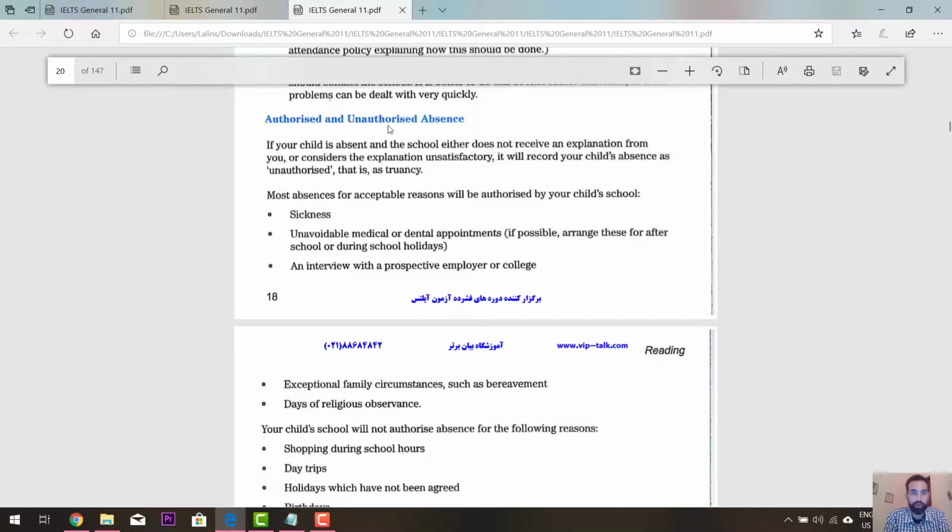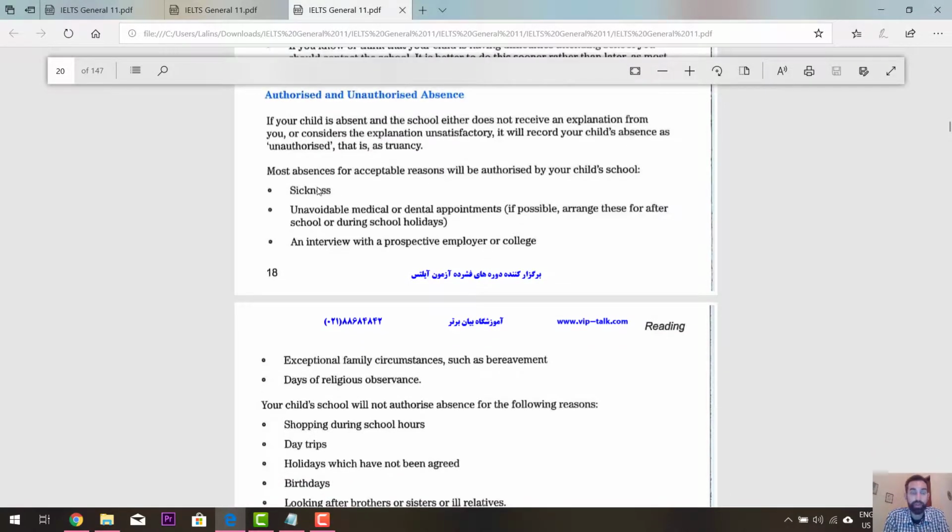Authorized and unauthorized absence. If your child is absent and the school either does not receive an explanation from you or considers the explanation unsatisfactory, it will record your child's absence as unauthorized, that is, as truancy. And then it goes on to mention reasons for absences.